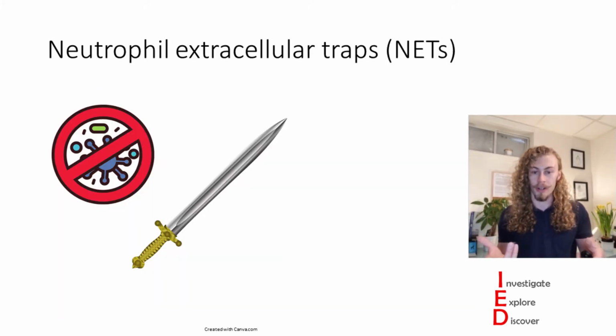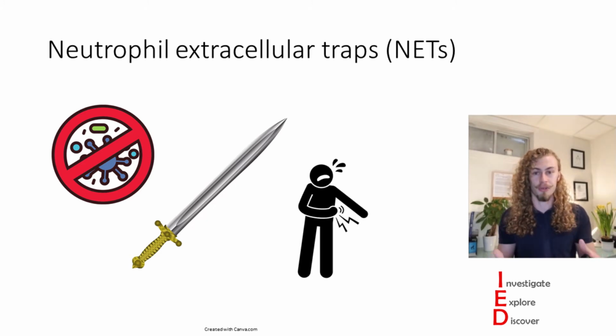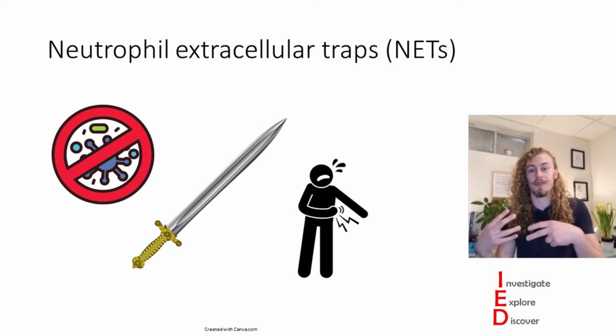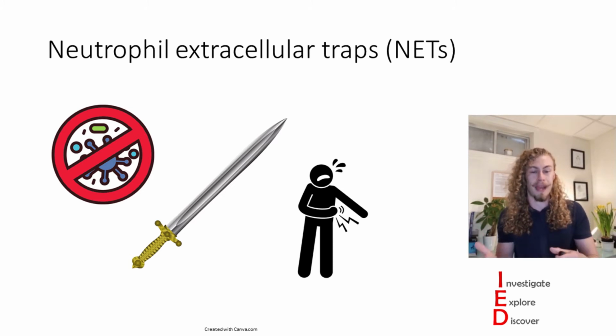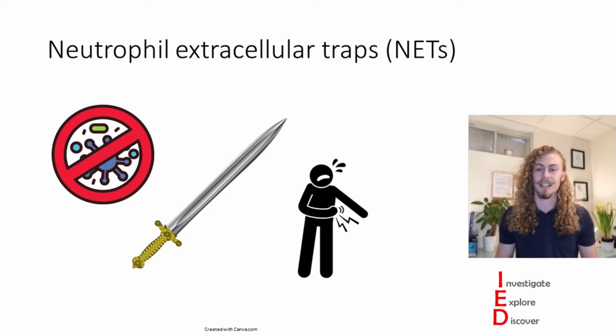NETs have been shown to have antibacterial properties. However, this can be a double-edged sword and have been shown to function in tissue injury. In fact, increased neutrophils and NETs are implicated in the pathogenesis of several diseases, such as rheumatoid arthritis, diabetes, and sepsis.